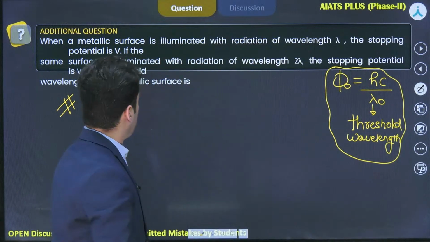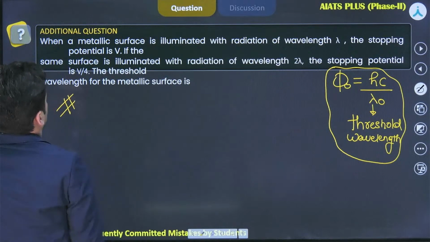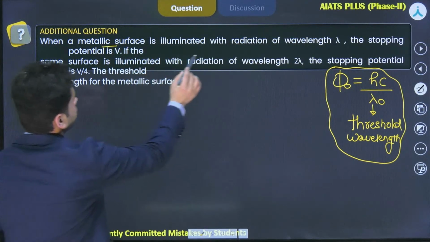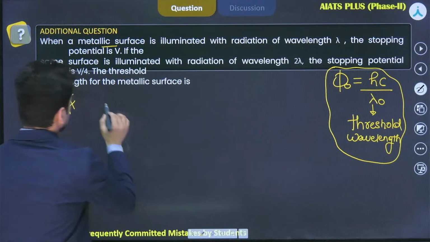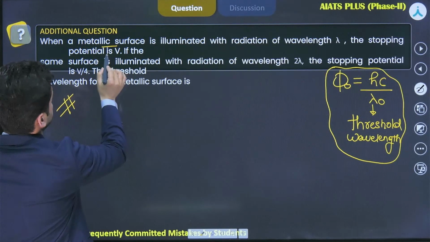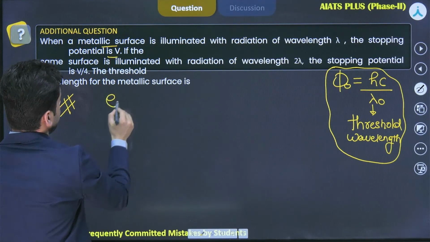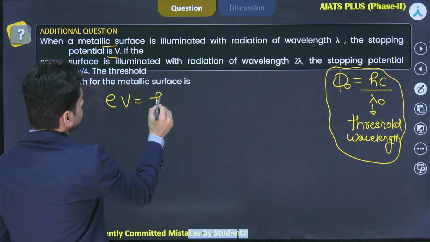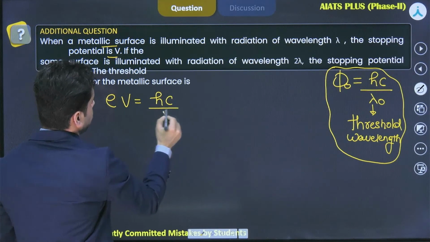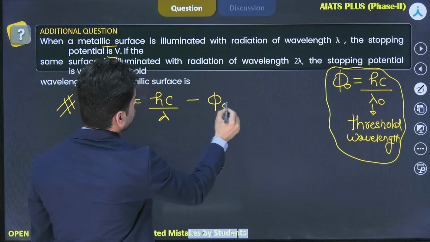Right? So for the first case, let me form the equation. When a metallic surface is illuminated with radiation of wavelength lambda, the stopping potential is V. So I can write eV equal to hc by lambda minus phi naught. This is my equation 1.